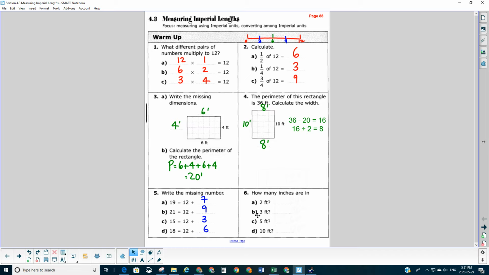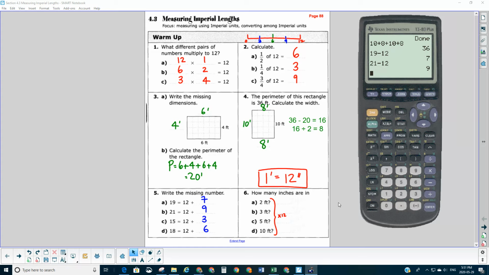Now, if we were converting feet to inches, then we have to remember this one big calculation, that 1 foot is 12 inches. So for each of these feet, if I'm going to inches, I know that I'm going to have to take all of them and multiply them by 12. So 2 feet then is 2 times 12, which is 24.